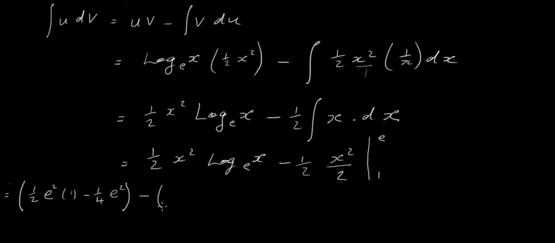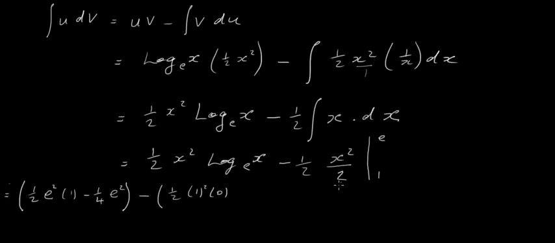Now we want to stick in 1 for x, so it's going to be a half. You've got a 1 squared, which is just 1. Now you've got a log of 1 to the base e, that's just going to be 0. E to the power of 0 will give you 1.